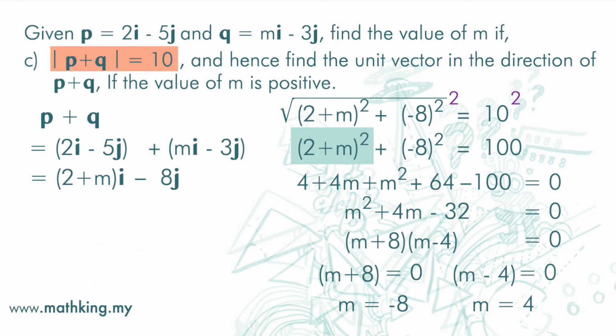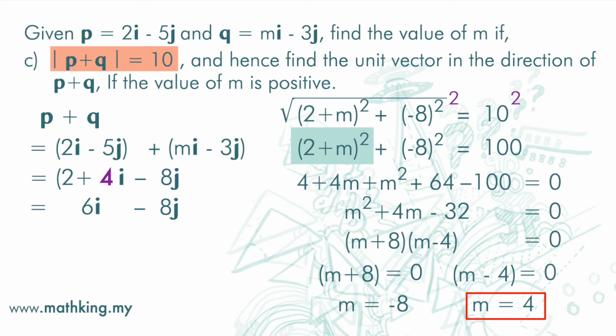Next, continue with question C. Find the unit vector in the direction of p plus q if the value of m is positive. If the value of m is positive, then we substitute this 4 into here, and vector p plus q is 6i minus 8j.